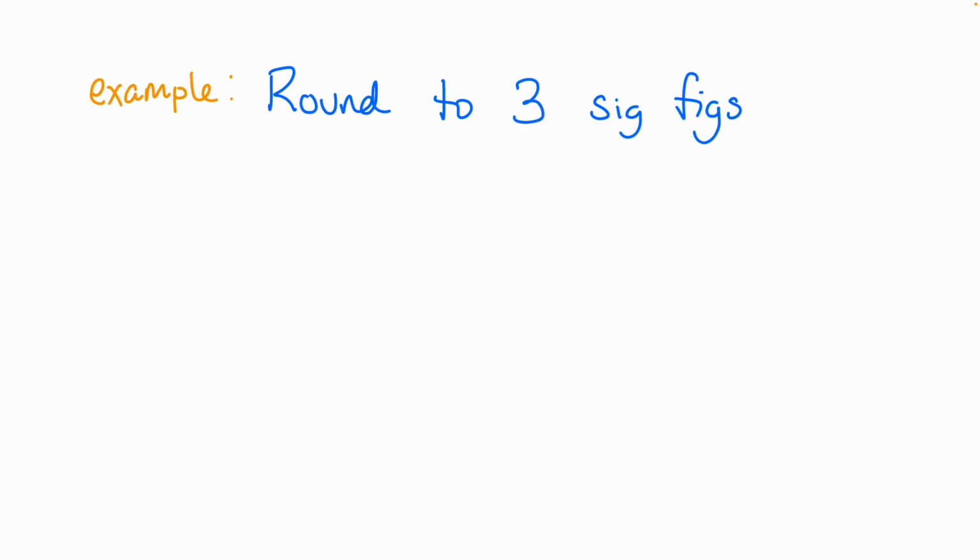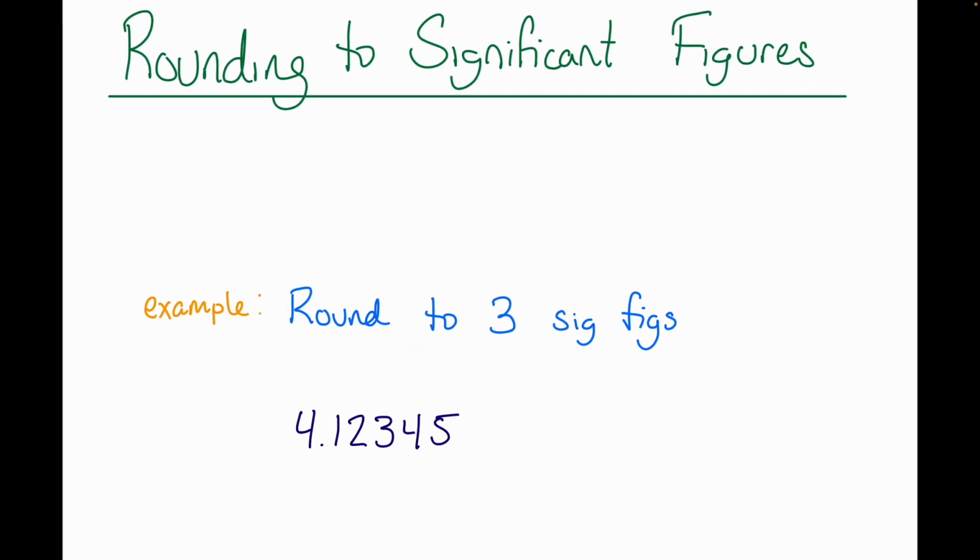All right, so here's my number here. We have 4.123455, and we're trying to round this number here to 3 significant figures. Okay? So what we're going to do, and you're going to see me use this notation a lot throughout the course, is we're going to mark the last sig fig in our number.